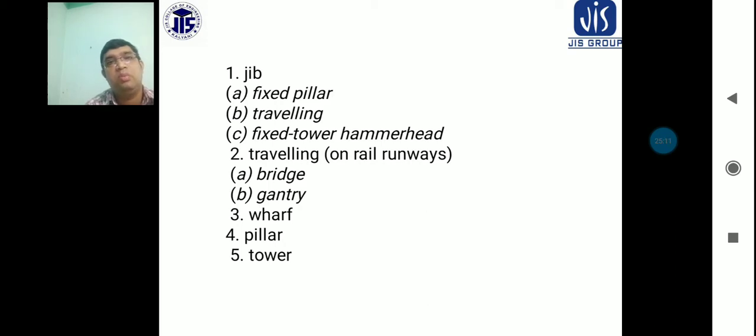Suppose the railway path must be transferred from one place to another, which requires loading and unloading; this type of traveling jib crane is used for the movement of rail tracks, rail equipment and heavy blocks of rails, which are transferred through the traveling rail runway.